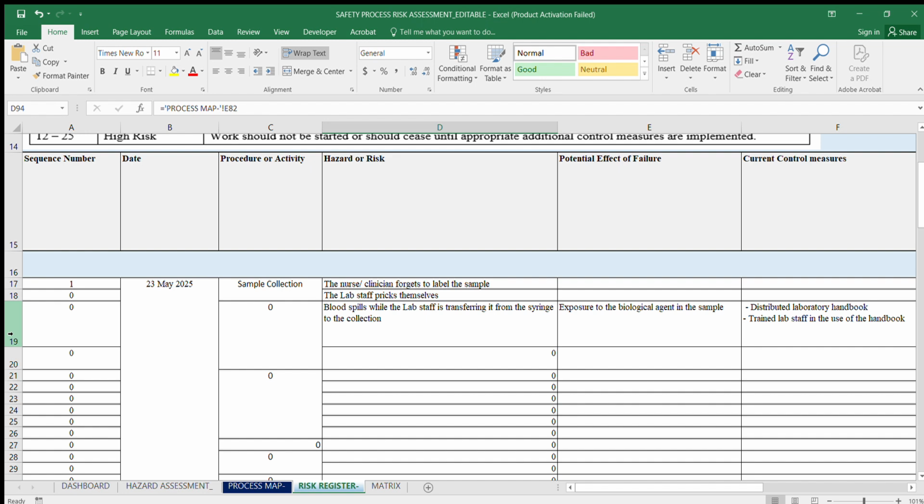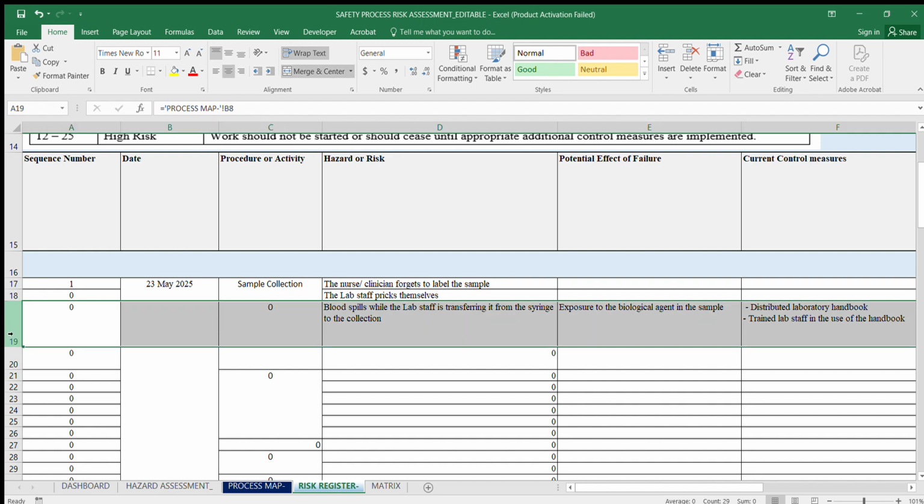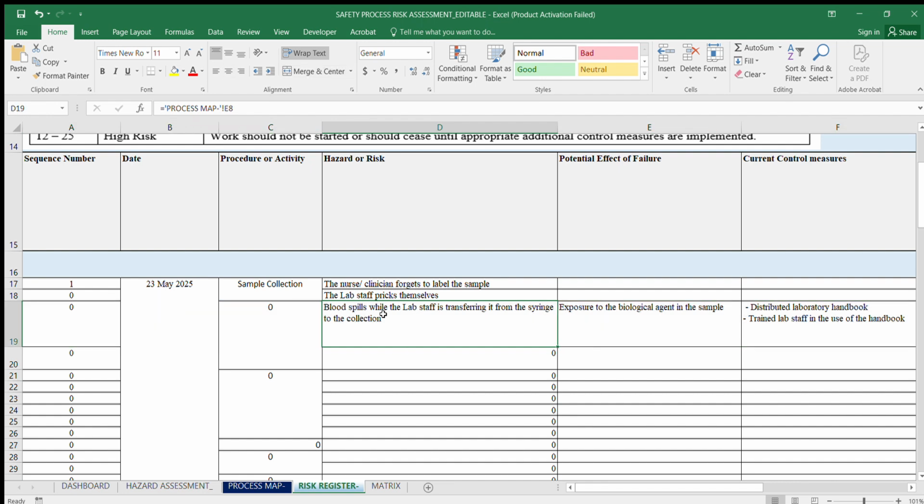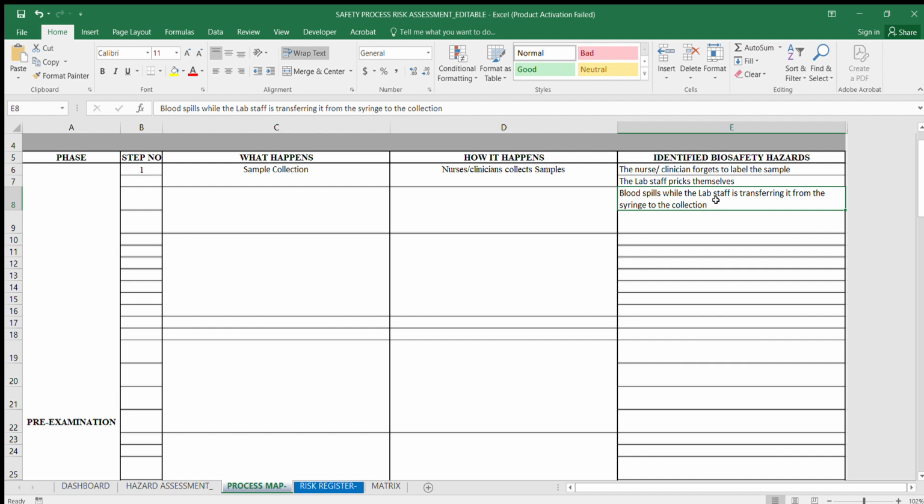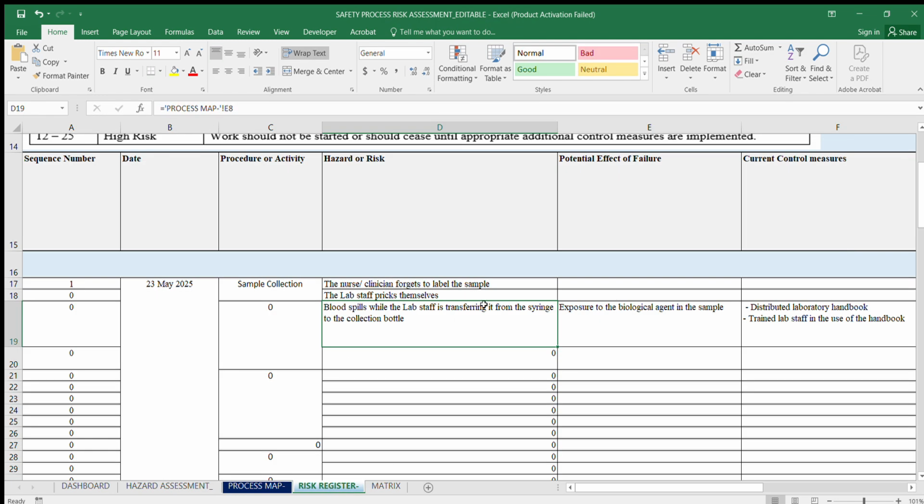So we're going to look at this particular scenario: blood spills while the lab staff is transferring the blood from the syringe to the collection bottle. Then blood spills. So what will happen if this particular scenario happens?